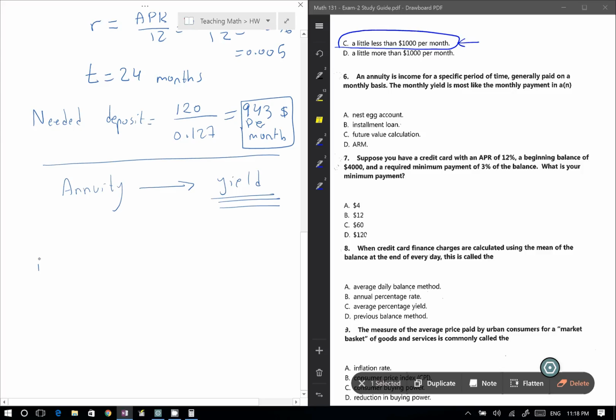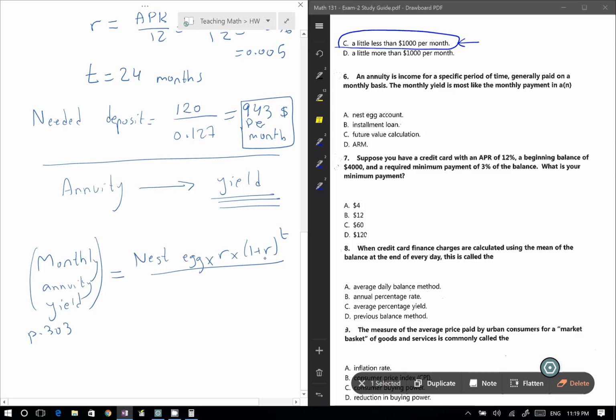So the monthly annuity, when I'm looking at the formula in the summary, page 303 in the book. Monthly annuity yield, that's equal to nest egg multiplied by r multiplied by 1 plus r raised to the power t, divided by 1 plus r raised to the power t minus 1.